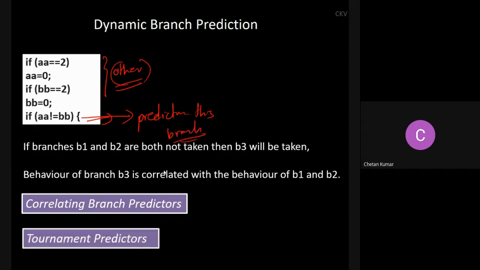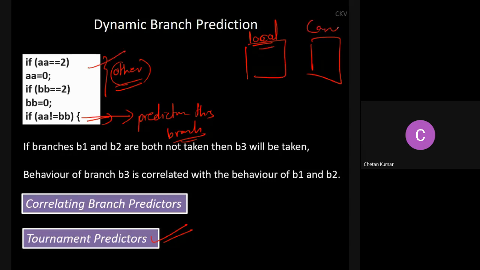And you have much more advanced predictors, which they call tournament predictors. Here the idea is you have two predictors. Maybe one predictor is your original predictor that we talked about, which we can call the local predictor. And whatever we talked about here, we can call the correlating predictor.